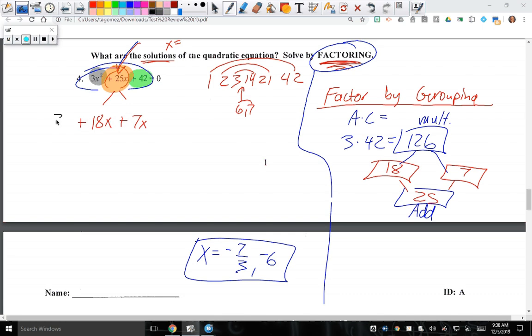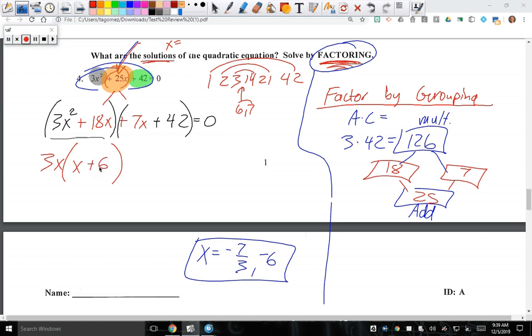The 3x squared is still there, the 42 is still there, and the 0 is still there. Okay? From here, I will GCF the biggest things that each of these pairs have in common. What's the GCF of the first parentheses? 3x. From the first parentheses, we're only working with this right here. What are the scraps that are left over?